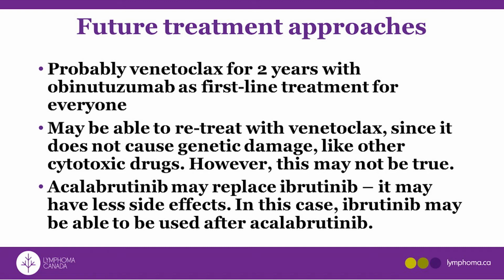In which case, we would probably want to use it first because of its fewer side effects. But because ibrutinib is less specific for BTK and some of the toxicities are because it inhibits other enzymes, paradoxically, it might also still be effective when acalabrutinib loses its effectiveness. So it might actually be an additional arm of treatment that can buy you another few years before you have to move on to venetoclax or to additional therapies.